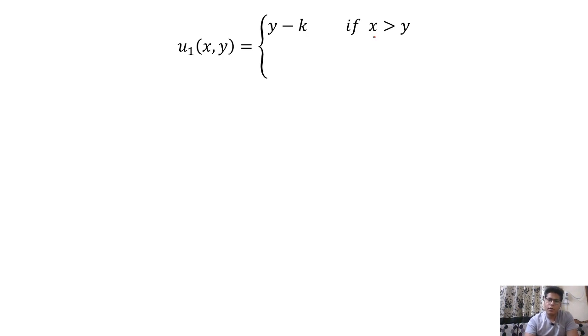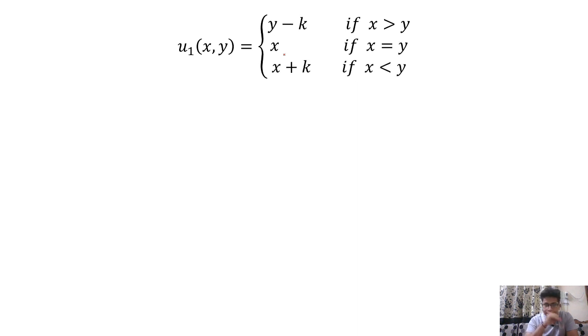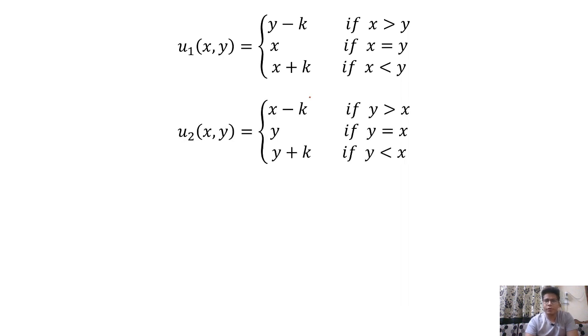What if his bid is equal to the opponent's bid? Then he'll get the same amount, that is x. What if his bid is strictly less than the opponent's bid? Then he'll get the value x plus k, his bid plus some constant k. Since the problem is symmetric, I can also write the payoff function for player 2.